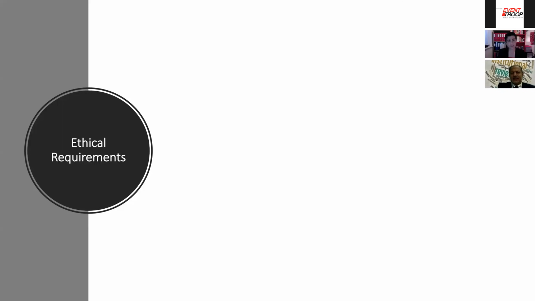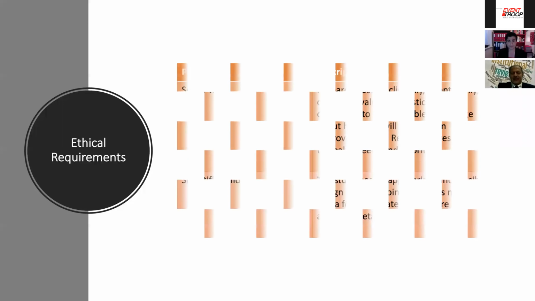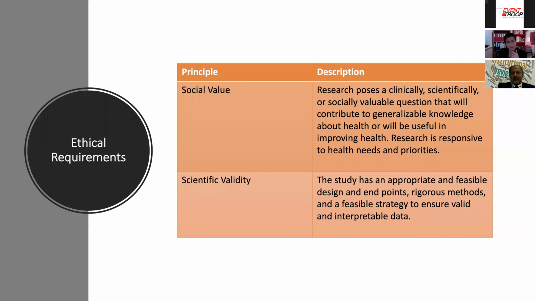So here are some of the ethical requirements. The first thing they will look at is what is the social value of doing this research? What do we mean by that? This says, does the research pose a clinically, scientifically, or socially valuable question that will contribute to knowledge about health and will be useful in improving health?